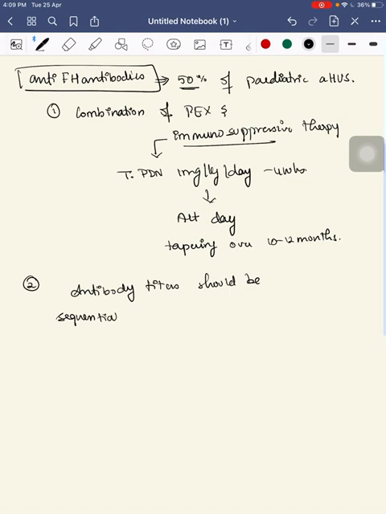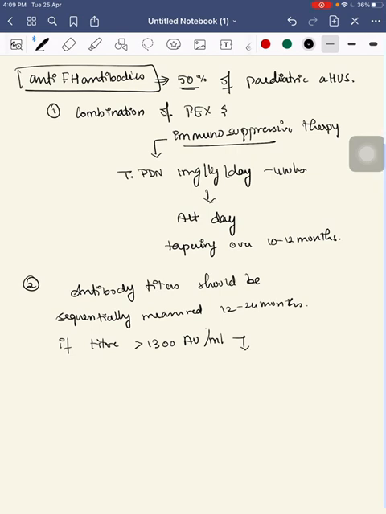While doing this, you should check the antibody titer level. Antibody titers should be sequentially measured for about 12 to 24 months during follow-up.